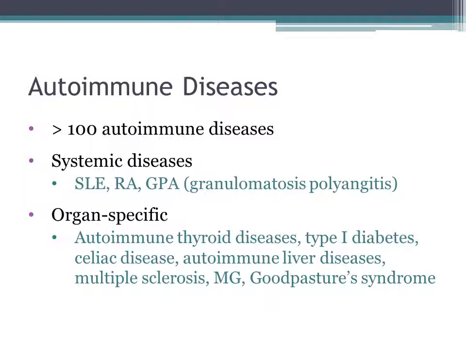There's an interesting one that's not as common, called granulomatous polyangiitis, thought to follow certain infections, where there's widespread inflammation that can affect anywhere in the body. In terms of organ-specific autoimmune diseases, we're going to look at a few of those as well, which include a couple of thyroid diseases, type 1 diabetes, celiac disease, autoimmune liver diseases, multiple sclerosis, and a couple of other ones.